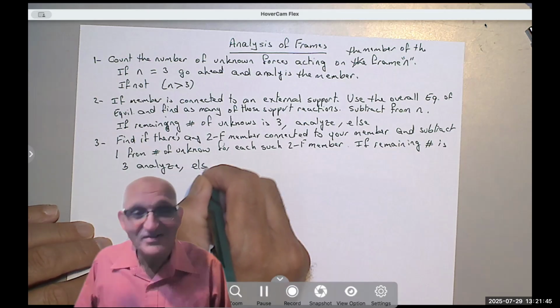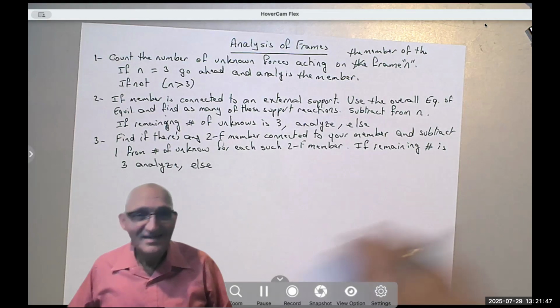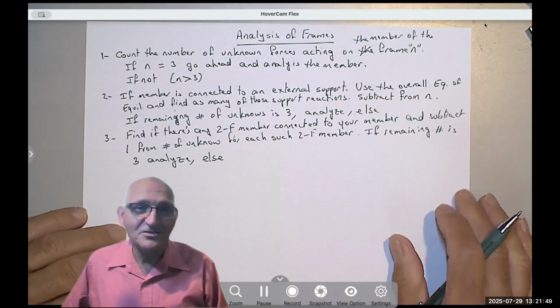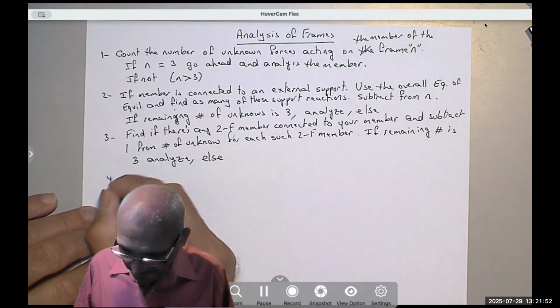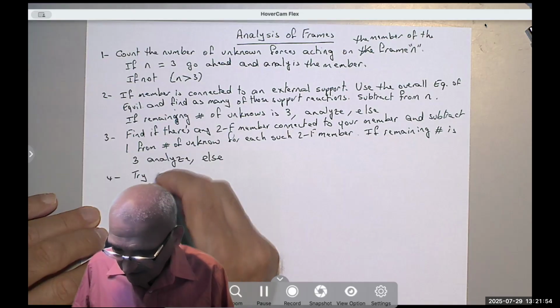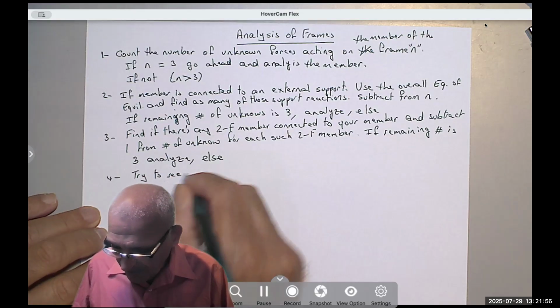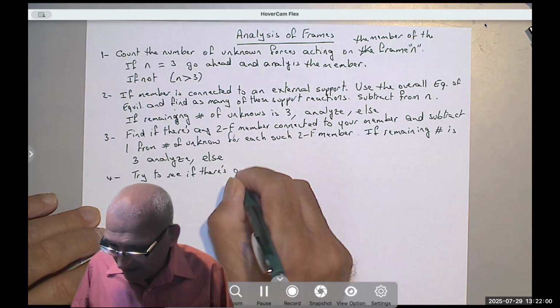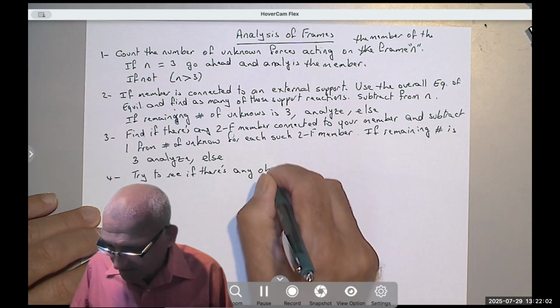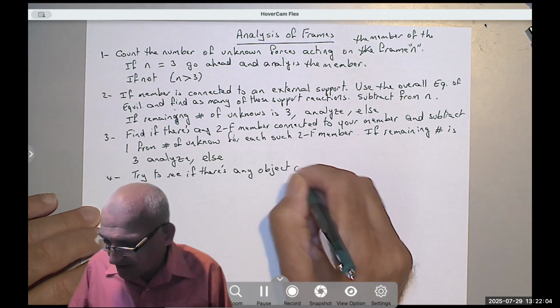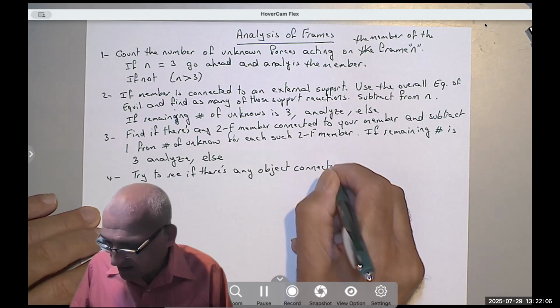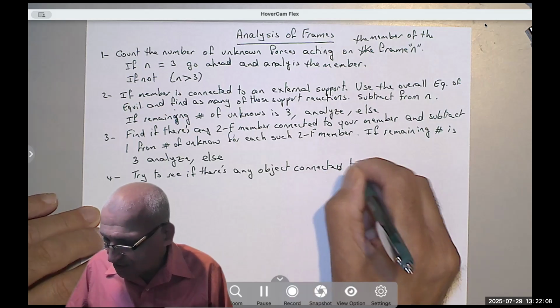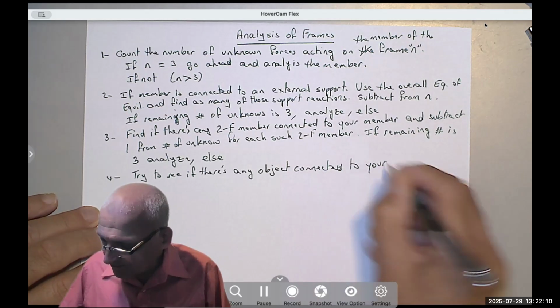Else, if it's still more than three after all of that, so that would be a mean professor who gives you a problem like that, try to see if there's any object connected to your member.